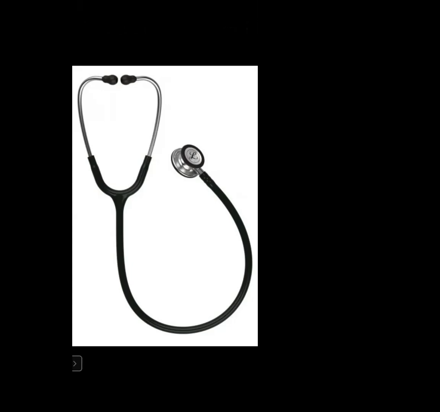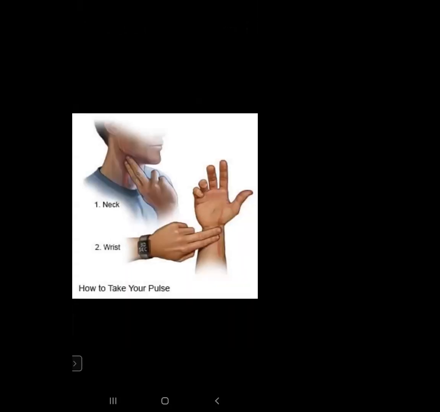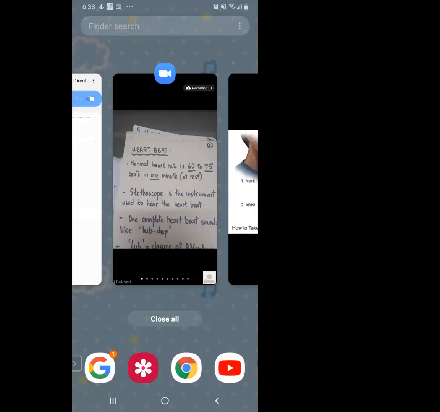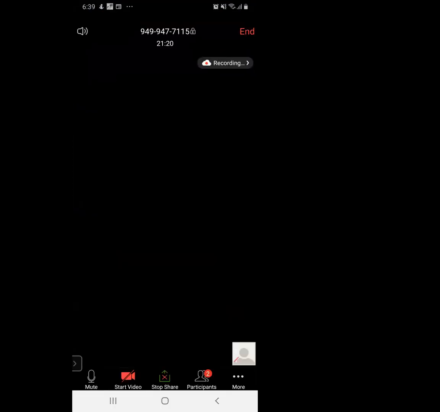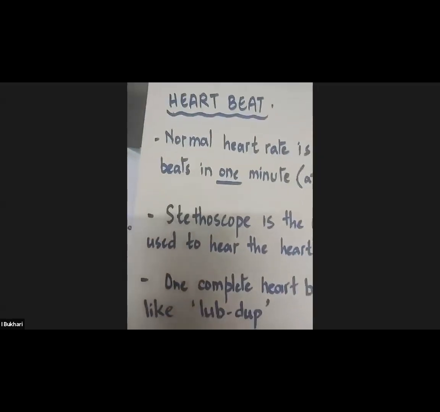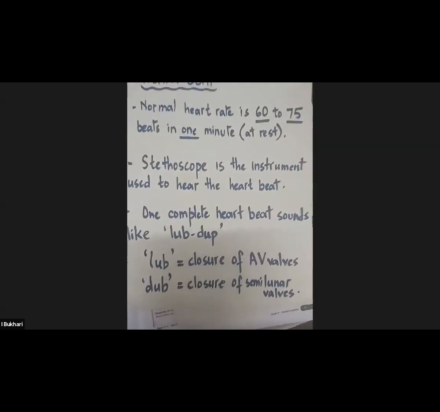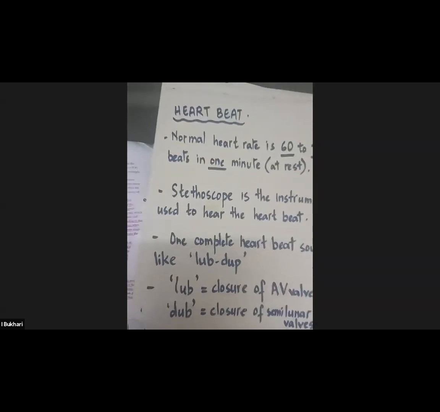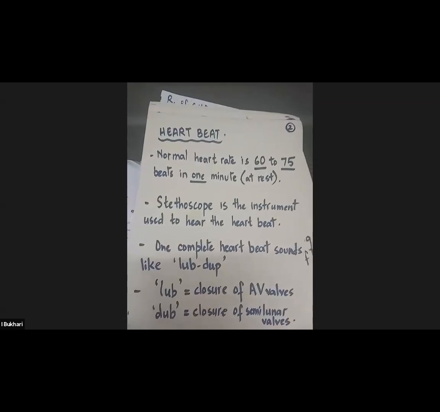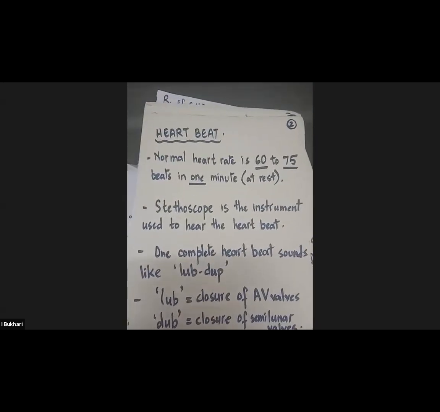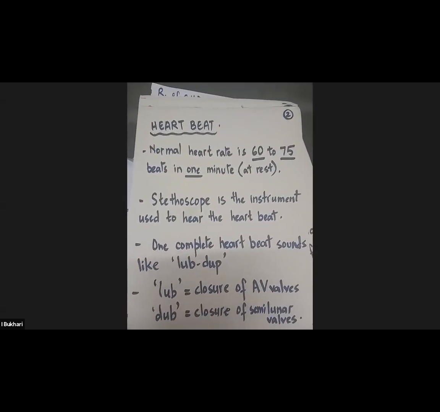Now, lub is the closure of the atrioventricular valves. We discussed the valves, remember? There are valves between the atria and the ventricle.